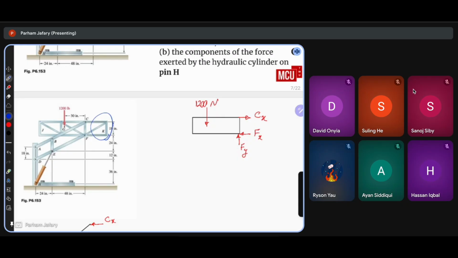So now I only care about the forces at F and C. If I wanted to keep the other side, for example, if I had a support somewhere here, and for some reason I wanted to keep the other side, then my forces would have become something like this: Cx, and then something here and something here. Let's say F and Fk.